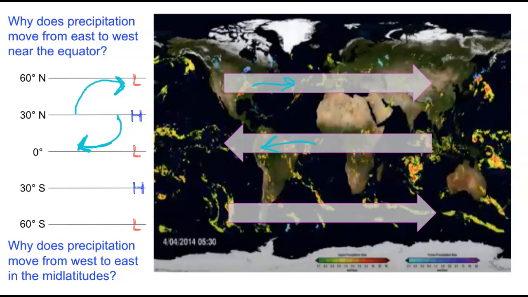So still winds blow from high to low, but in the southern hemisphere, they curve to the left as they do so. So from high to low, curving to the left, and then from high to low, curving to the left. And it gets a little tricky. You've got to put yourself in the pilot seat, so to speak, to see that this is a left curve.